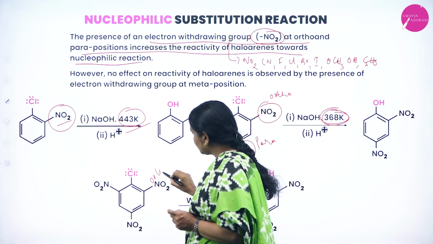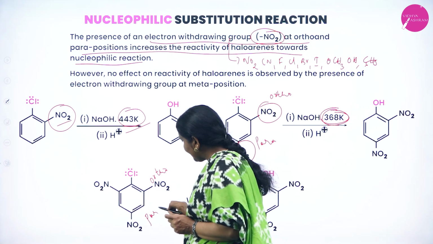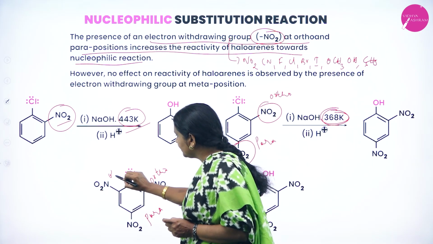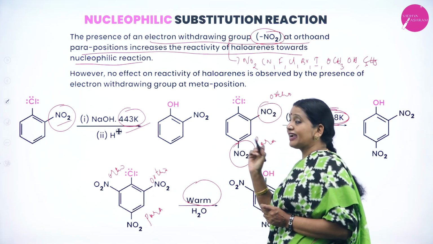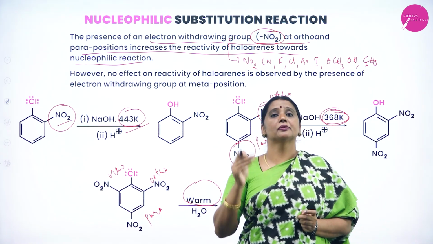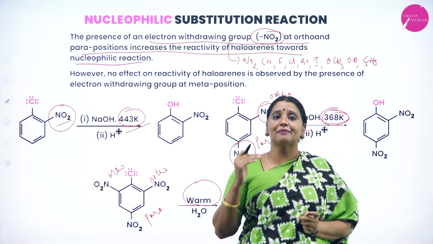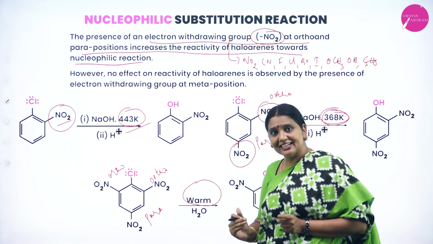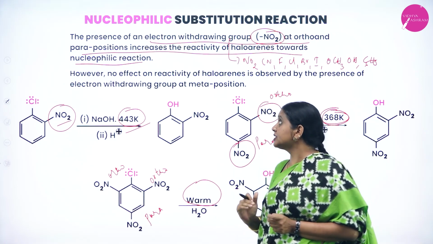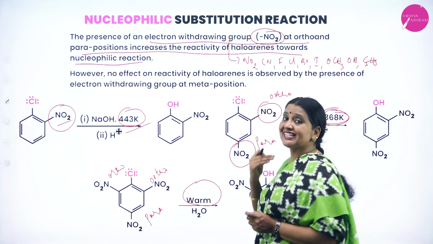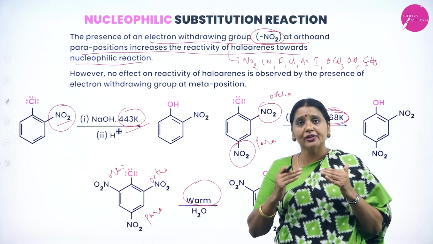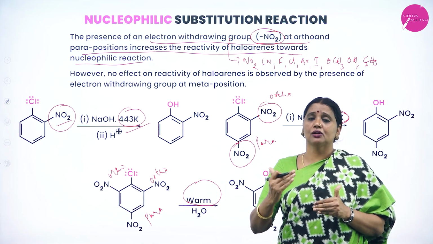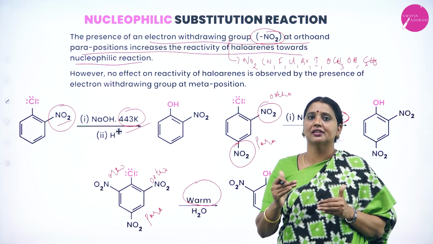So observe, by introducing the electron withdrawing group NO2 at ortho and para positions, the temperature decreases. Temperature decreases means reactivity increases. Therefore, how can you increase the reactivity of haloarenes towards nucleophilic substitution reaction?